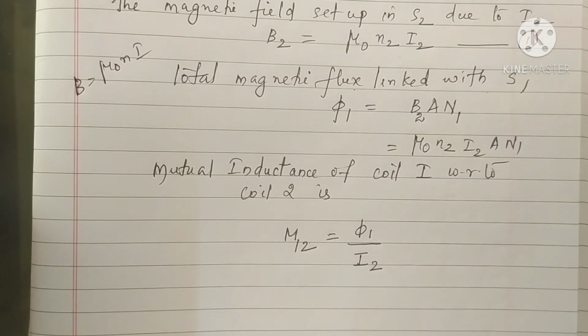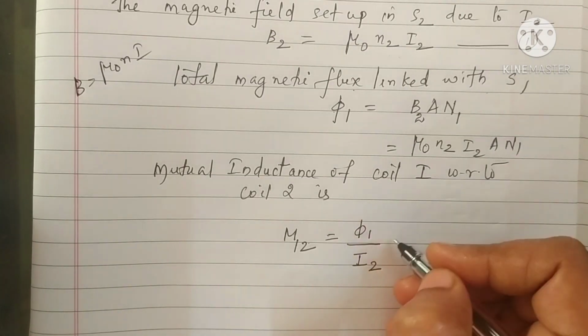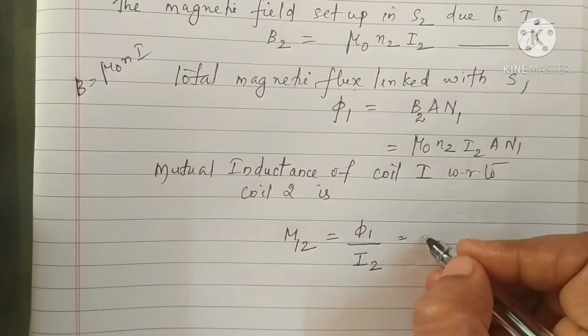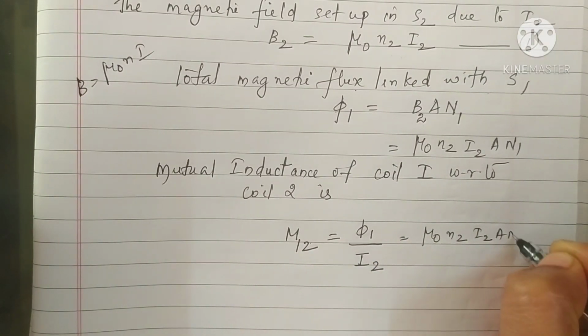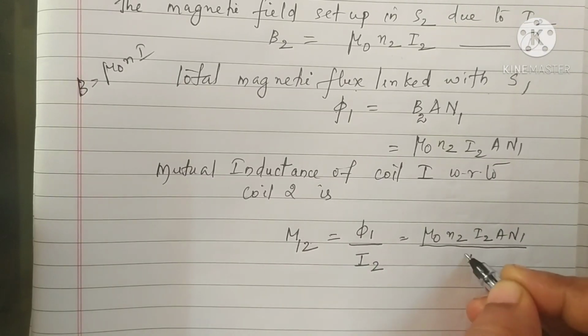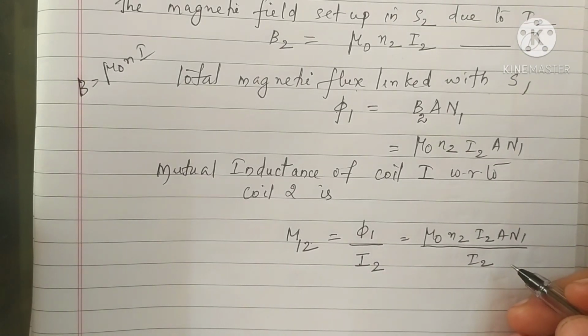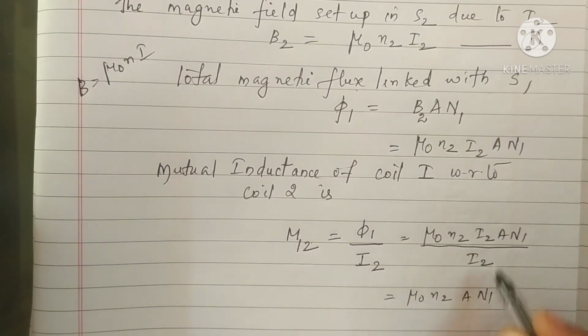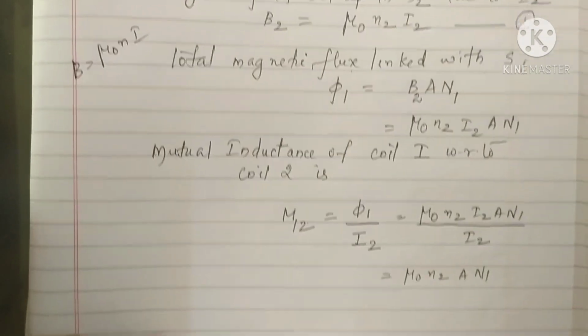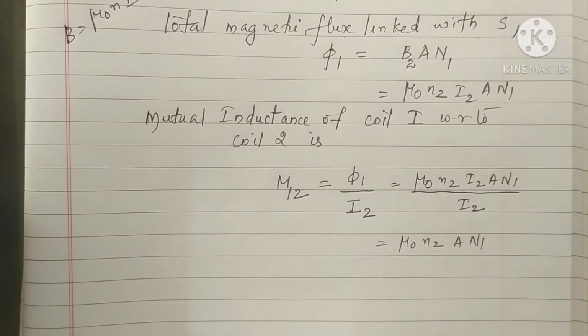So phi 1 by I2, and the expression for phi 1 is mu naught N2 I2 A N1 divided by I2. Clear? So how does this change? I2 gets cancelled, giving mu naught N2 A N1.